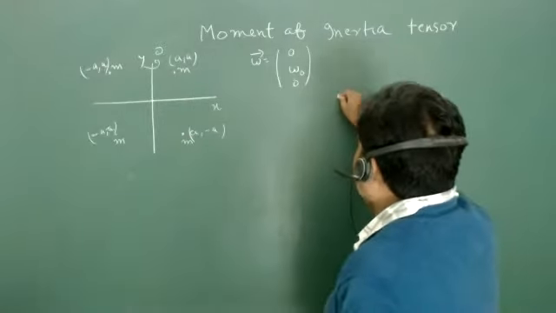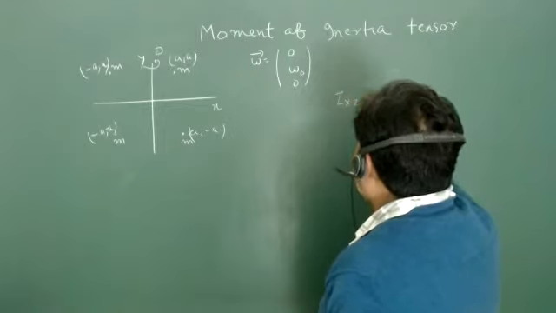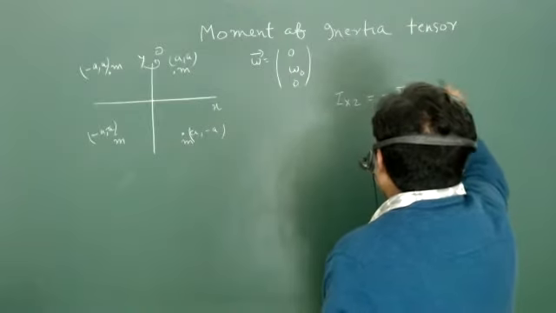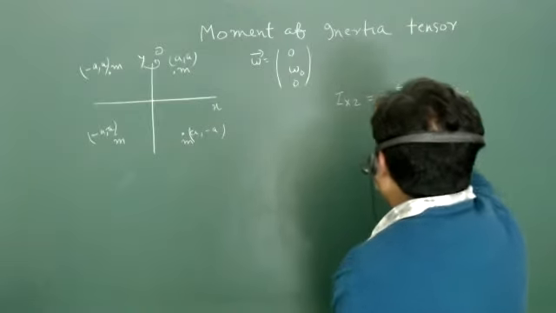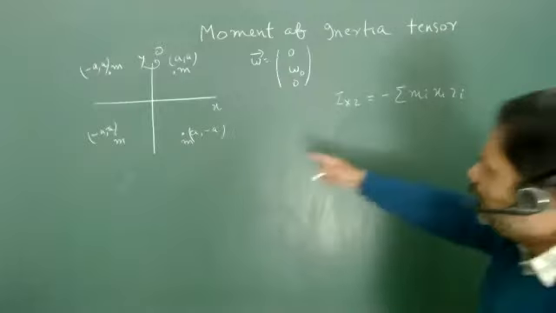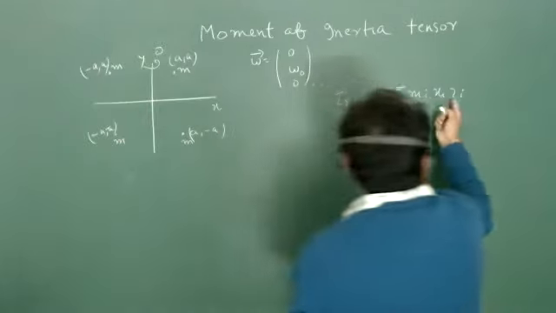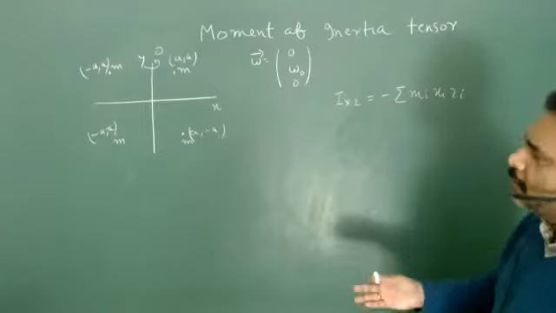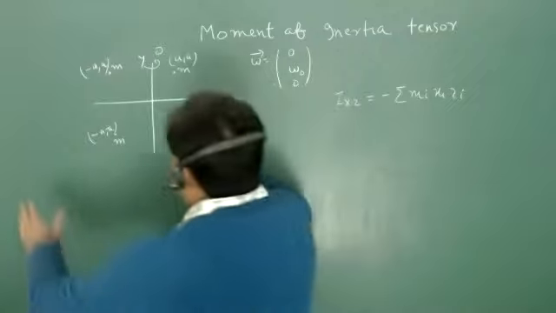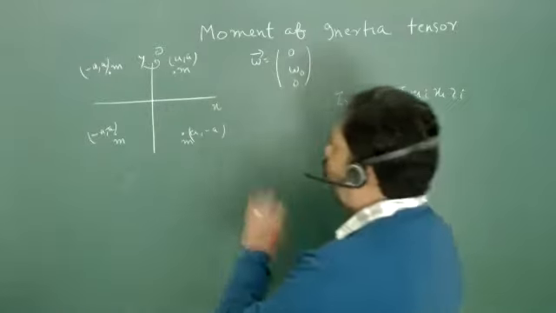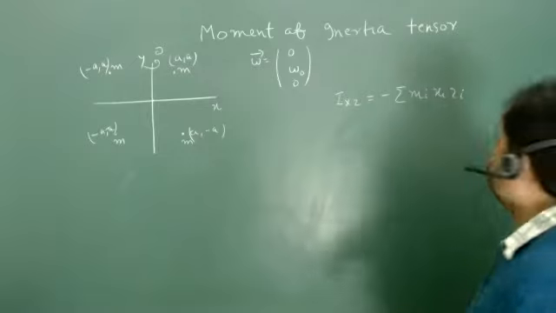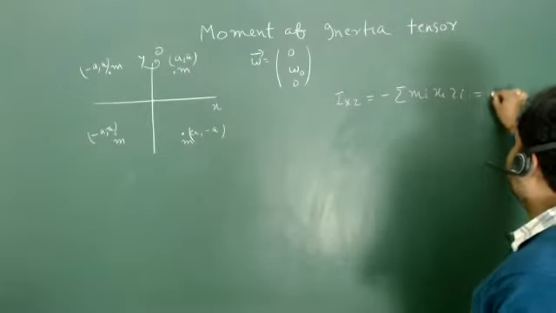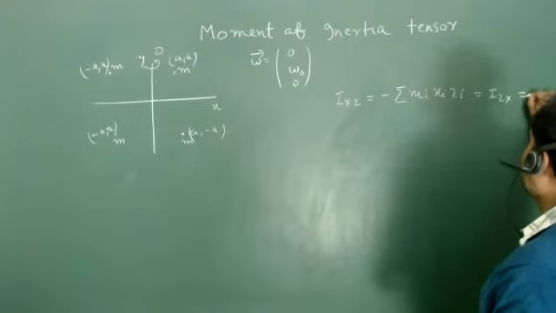Ixz is equal to summation over minus mi xi zi. This term is 0 because for every mass, z is 0, because it is in the xy plane. So obviously Ixz and Izx are equal to 0.